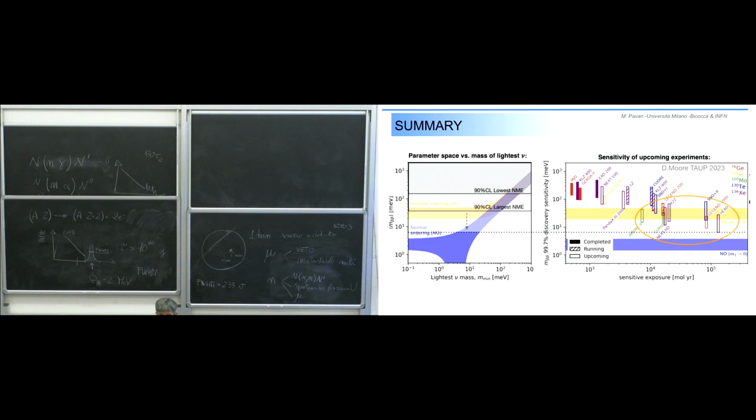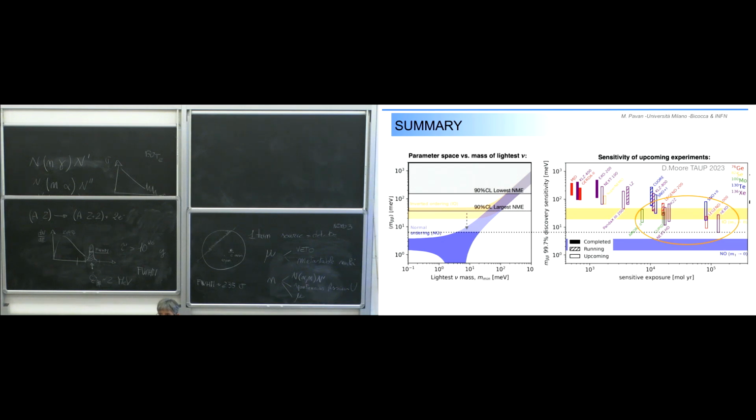So we use the running experiment to measure the contamination of the materials, try to understand what the important contributions are, work on their reduction, and prepare for the next stage.